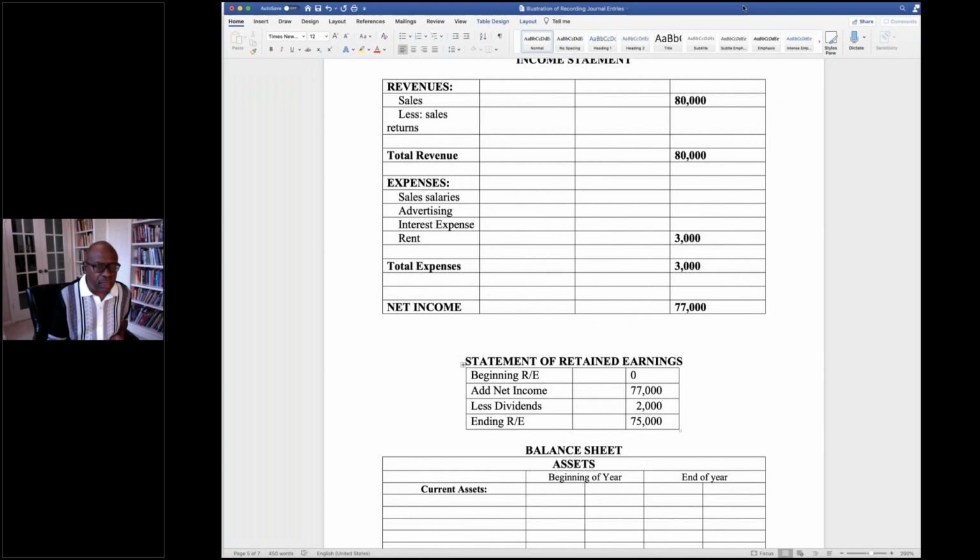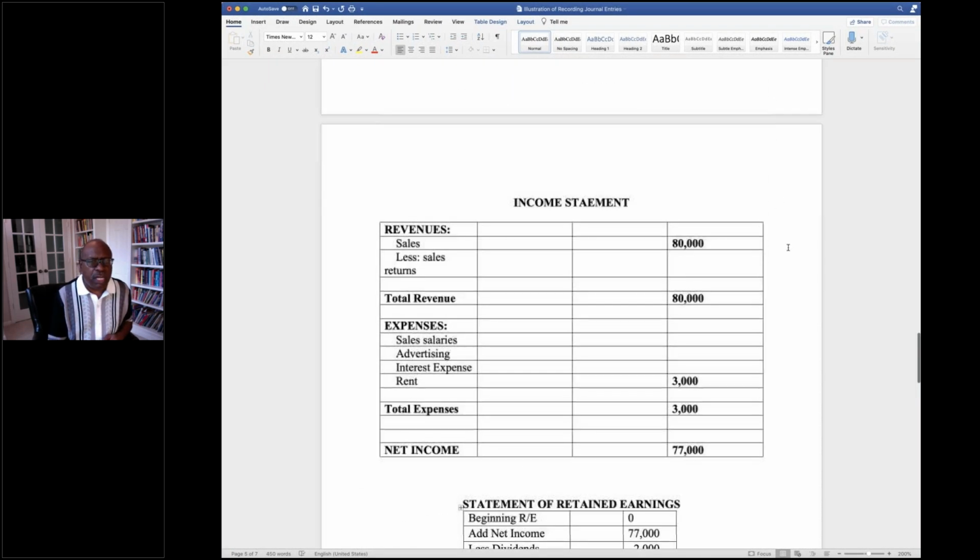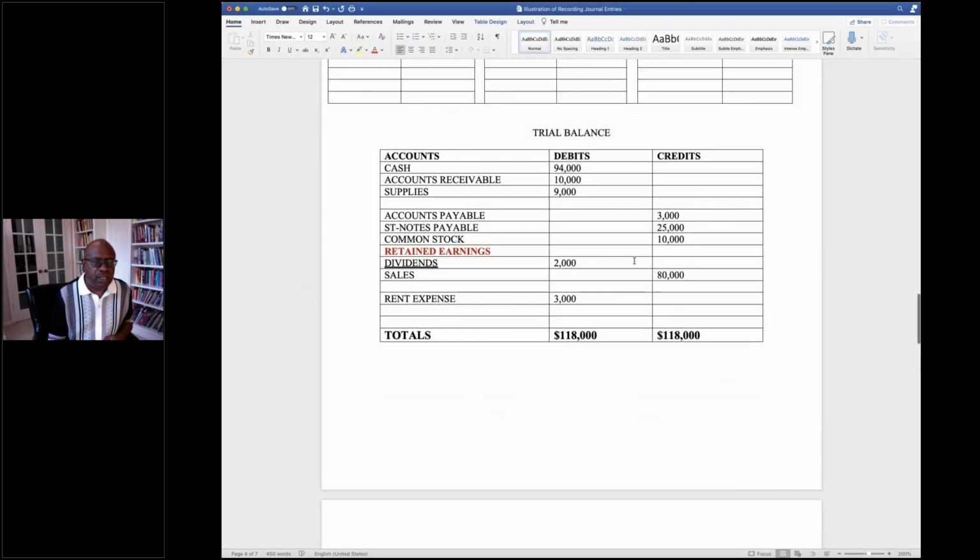So of course, this is the example that we were looking at before. Here's that trial balance. So when we get ready to prepare the statement of retained earnings and the balance sheet, we're going to have an underline here.